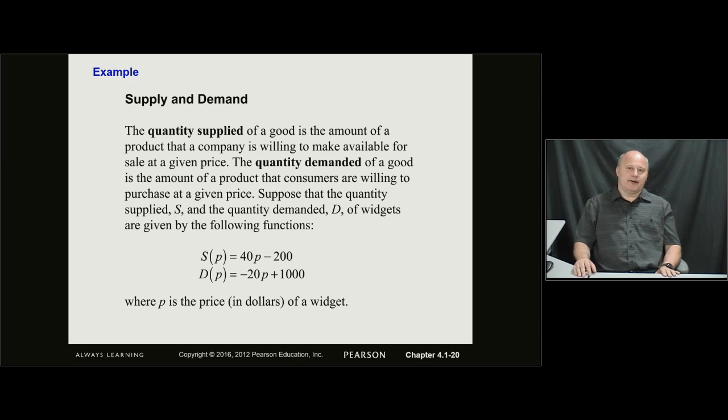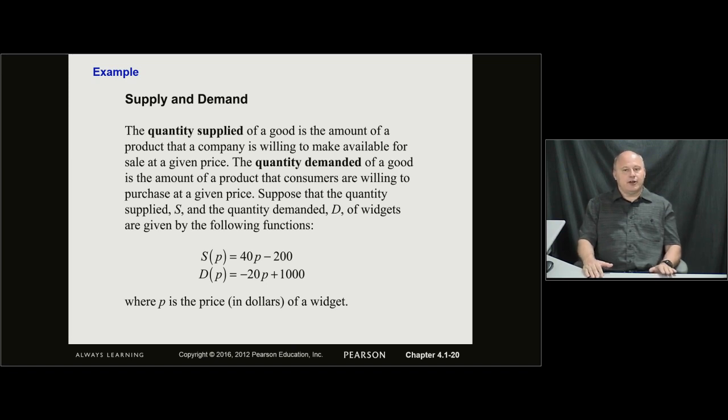They're only willing to purchase 400 items. So the price is set to the company's advantage because they're willing to make 1,000 items, but the consumers are not going to purchase that many because the price is too high.